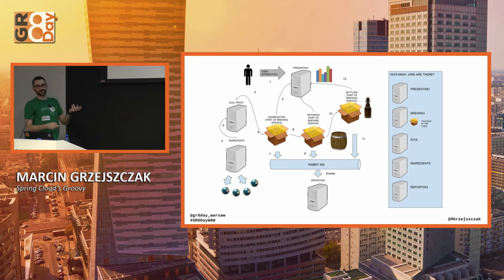Once somebody clicks and orders ingredients, a request is sent to the Zuul proxy, which delegates the call to the ingredient service. I did this deliberately to test the integration with Netflix Zuul. Then a predefined number of ingredients is sent back to the user.